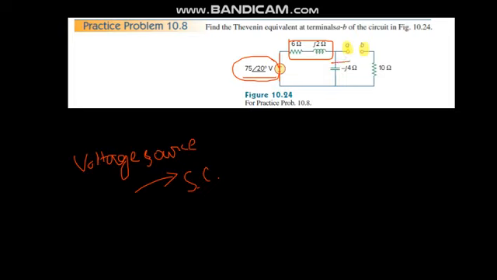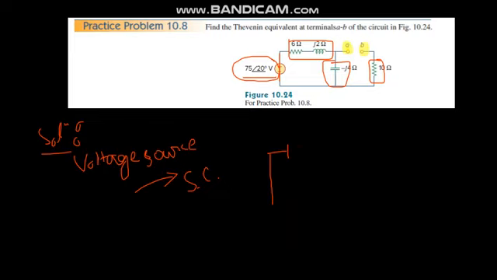This is one block, this is number 2 block, this is number 3 block, and just mark these blocks. First of all, make the voltage short circuited. Okay, I have made it short circuited.